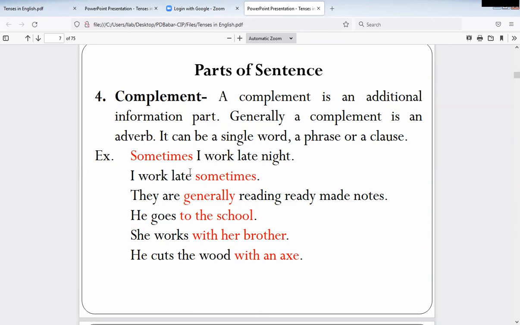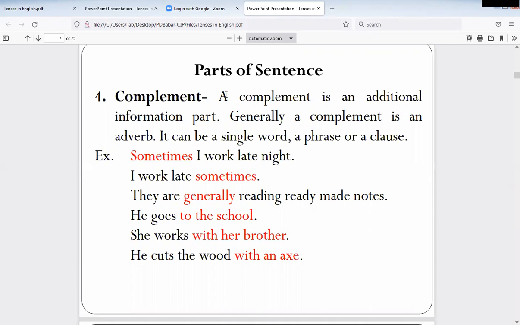Okay, let's see the examples of complements and adverbs. A complement is nothing but the additional information part, or it gives more information about the subject or the action taking place in that sentence. Generally the complement is an adverb.